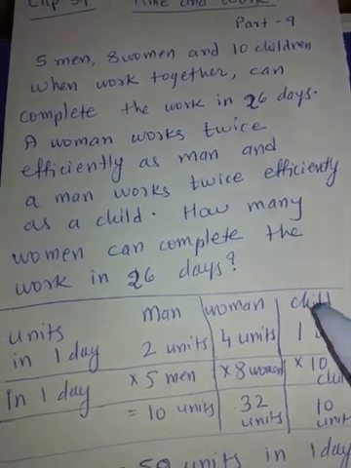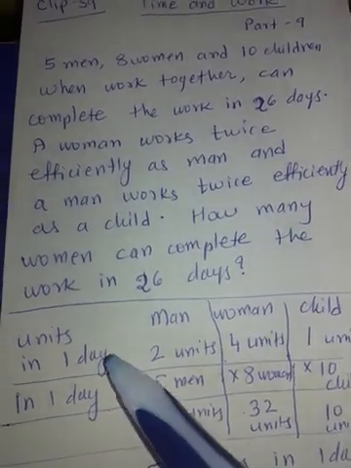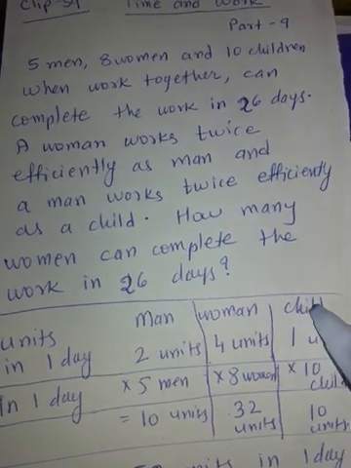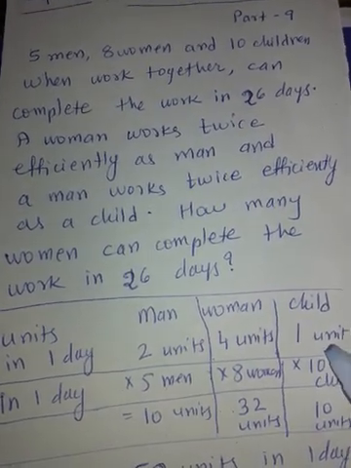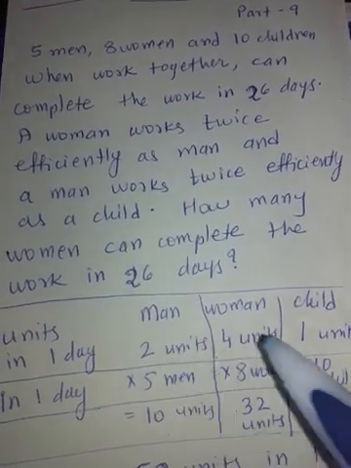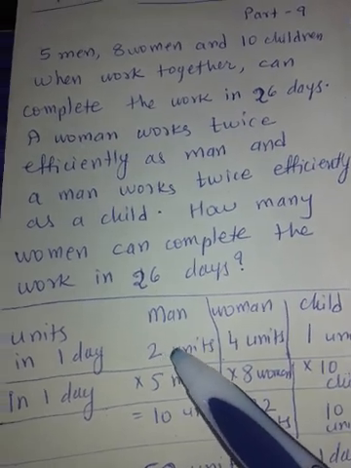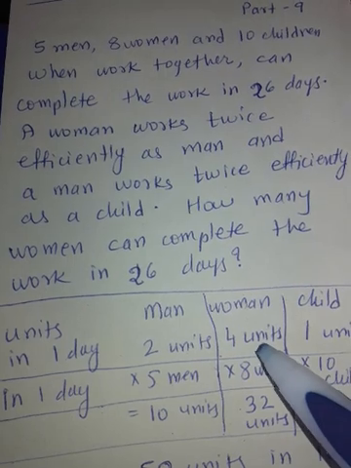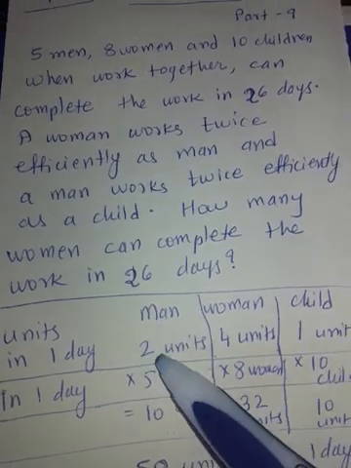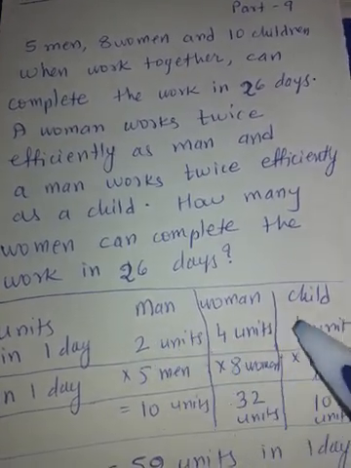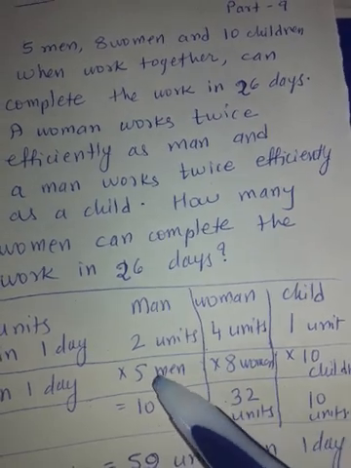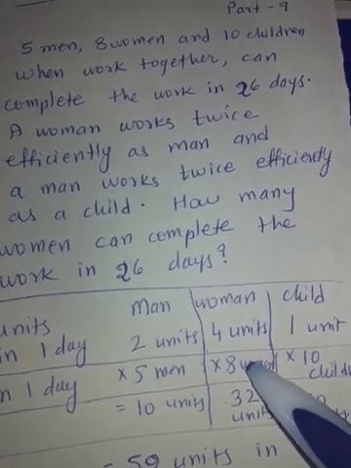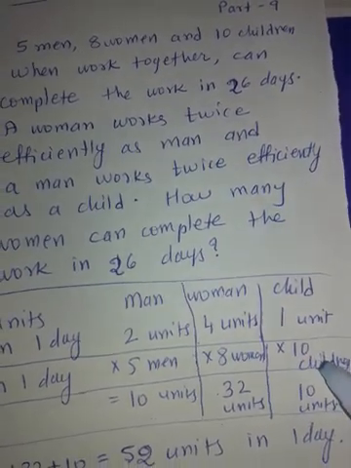So I am going to begin with the child. Units in one day: let the child complete 1 unit. The man is twice as efficient as the child, so he will complete 2 units. And the woman is twice as efficient as the man, so she will complete 4 units. Understood this first line? Now they are saying there are 5 men, 8 women and 10 children.